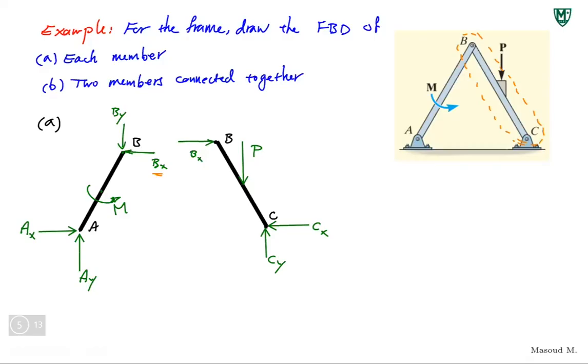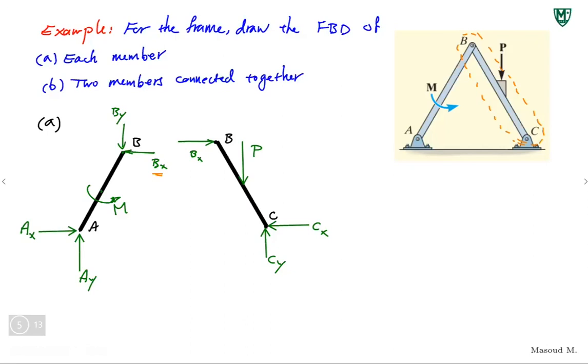I don't know what is the direction of this force, but since I decompose that force at B to BX and BY, I have to put the forces in opposite direction on the other member. Again, Newton's third law. Since we're in equilibrium, any force we have on the other member, we should flip and put the opposite force with the same magnitude in the member that is in contact with it.